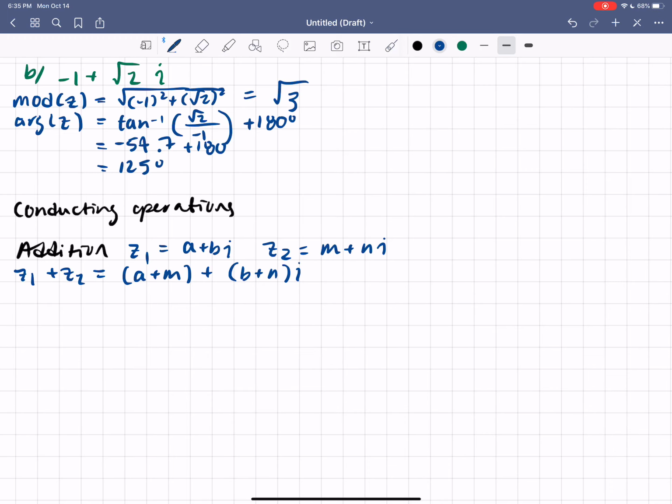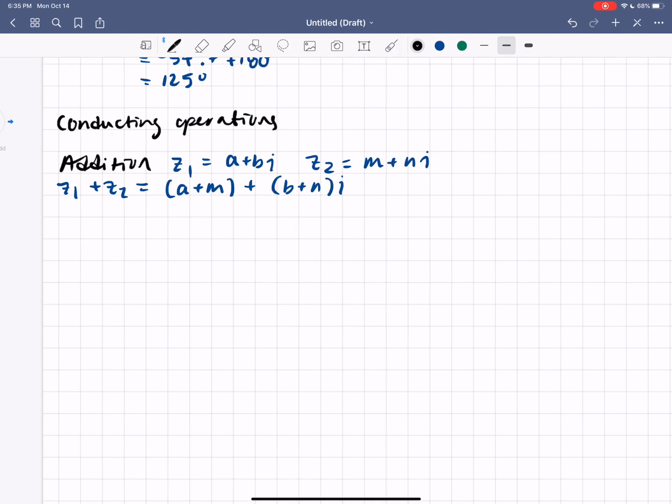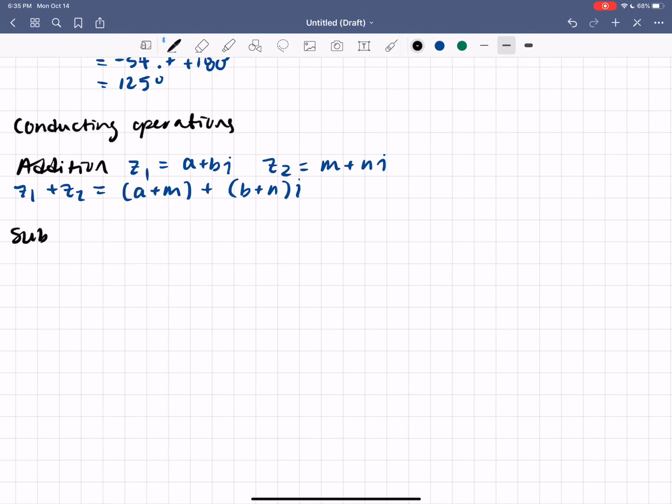So that's what your addition will look like. Your subtraction is kind of similar. So it will be z1 minus z2. That will be equal to the same thing except with minus signs. So a minus m plus b minus ni.